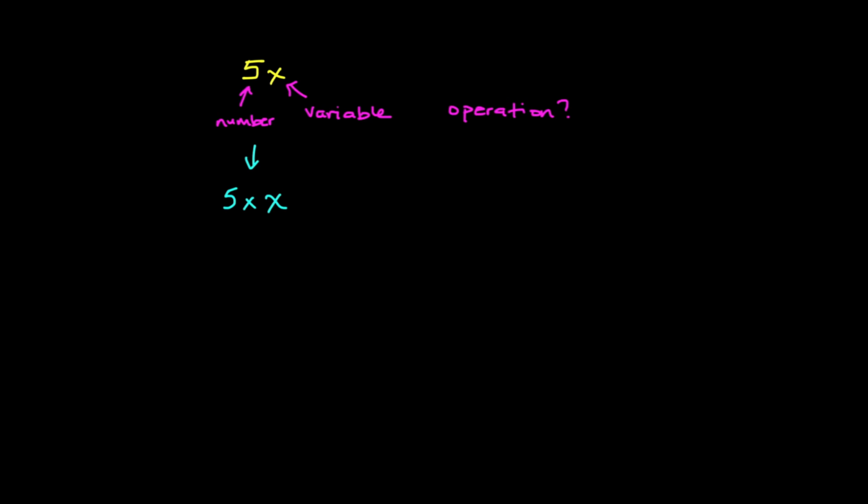Now, this causes a little bit of confusion, and that's why it ends up being written as 5x. And the reason why is that our multiplication sign over here and our variable right here are the same letter. And this was not a problem when we were just looking at numbers, say for example 2 times 3, but it becomes an issue when you start having letters in the mix because this right here is symbolizing an operation, while this right here is symbolizing an unknown, but they are the same letter.